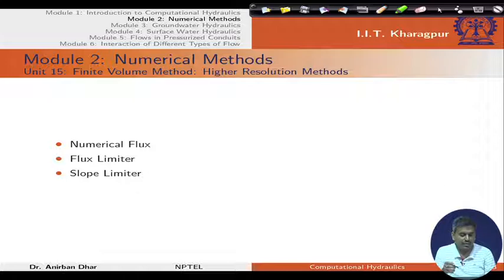In high resolution methods we have flux limiter and slope limiter schemes, but in this case we have discussed only linear problems, but during application we have considered our nonlinear problems.